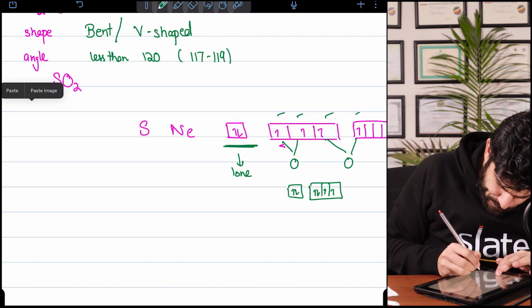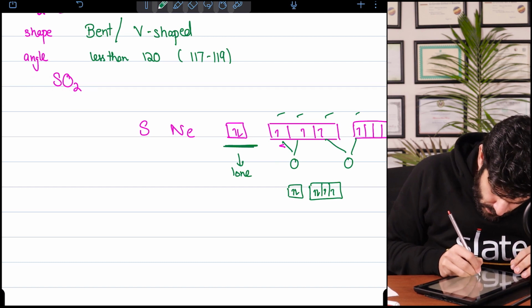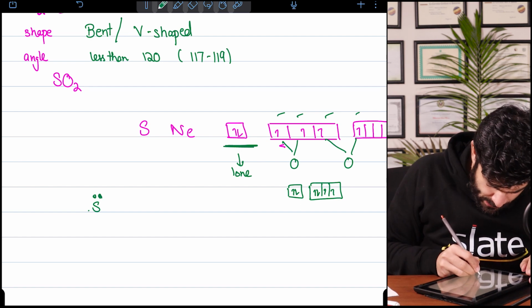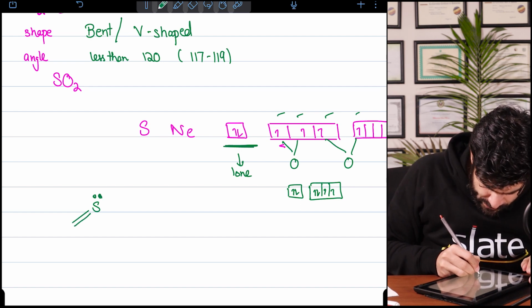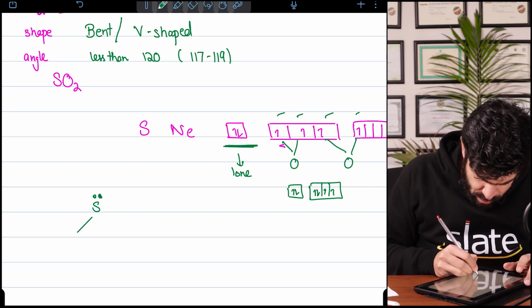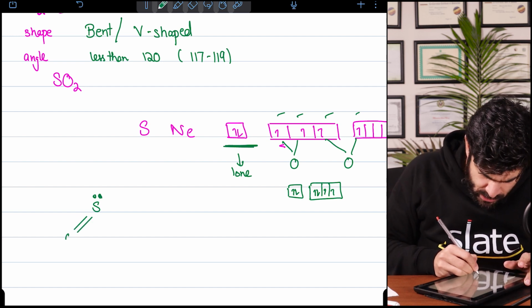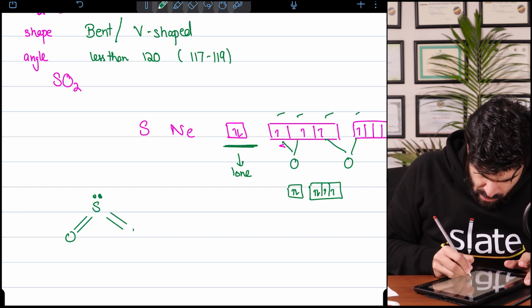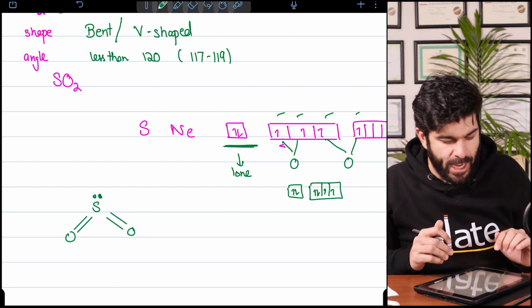So let's see. Lone pair, you draw a lone pair and then two oxygens. So that's sulfur dioxide.